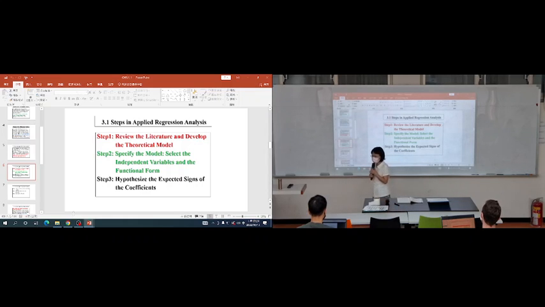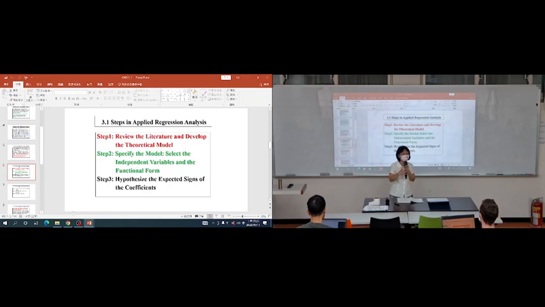The second step: since we have the theoretical model, we need to specify our model. So select the independent variables and functional form. What are the independent variables? They're the X variables, right? After you decide the study, you have only the Y variable.